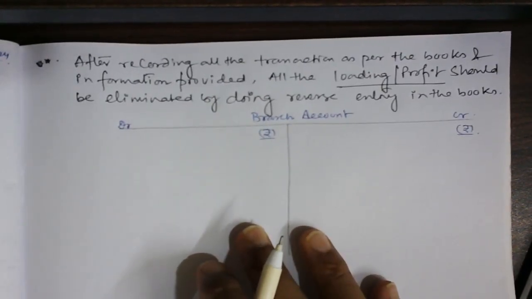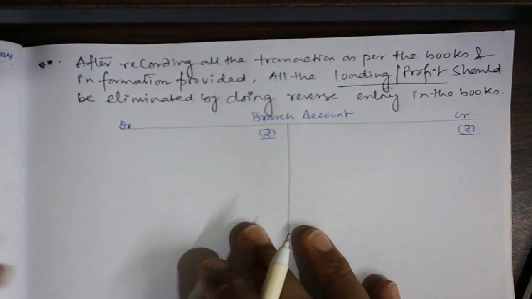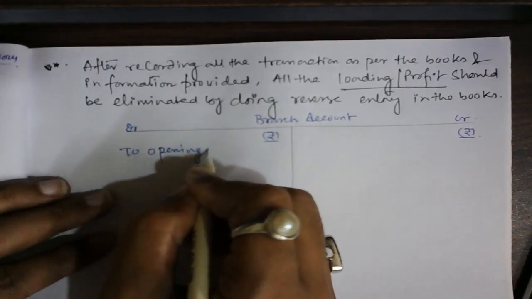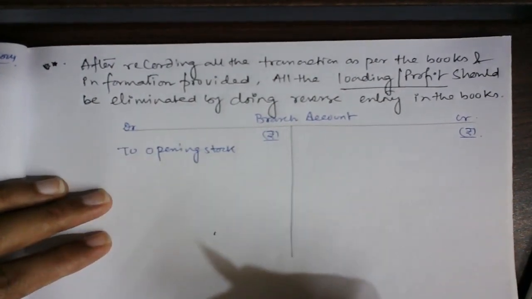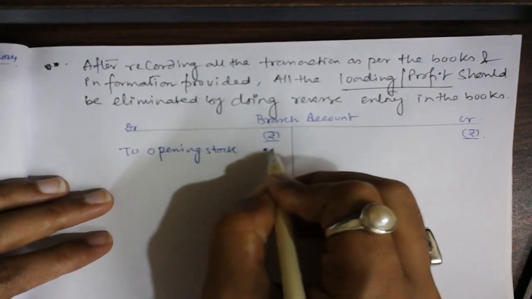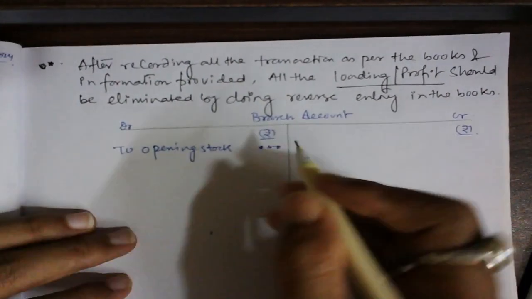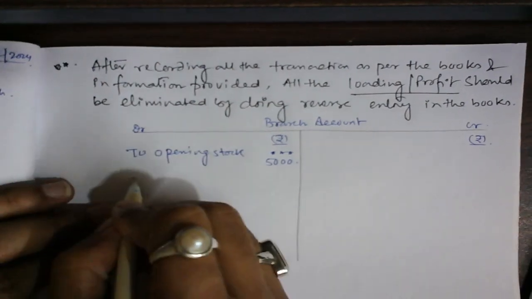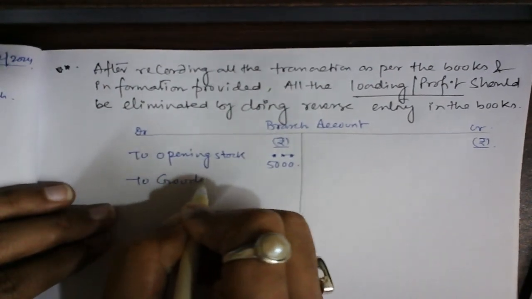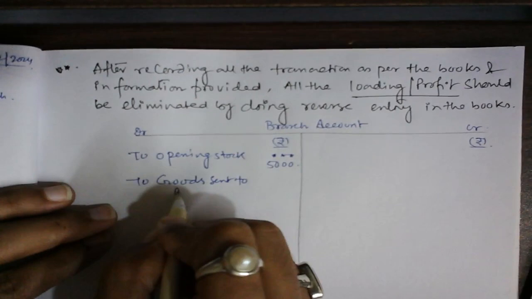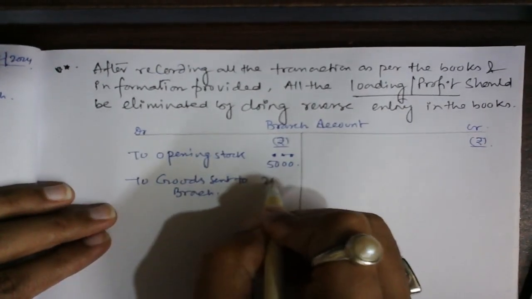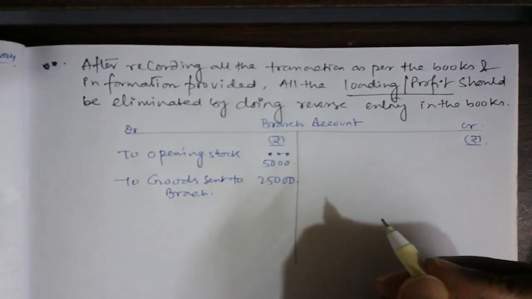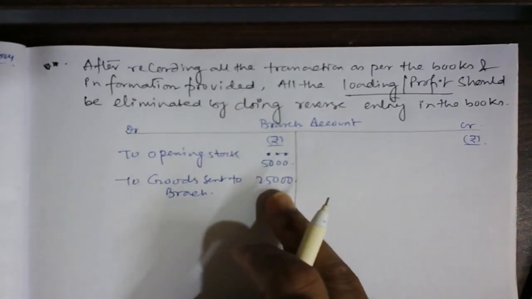Suppose you are writing here, to opening stock, let's say 5,000, and to goods sent to branch, let's say 25,000. That is what is given in the question. So opening stock is 5,000 and goods sent to branch is 25,000.